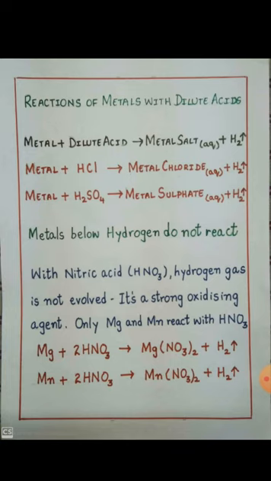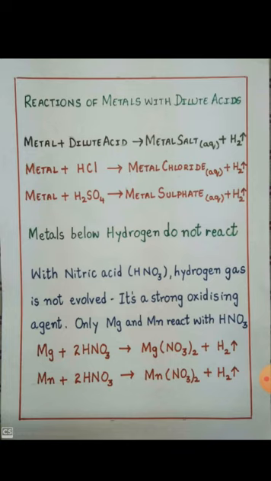Now, let us see the chemical equations of magnesium and manganese with nitric acid. Magnesium, Mg plus HNO3, we will have Mg(NO3)2 plus hydrogen.